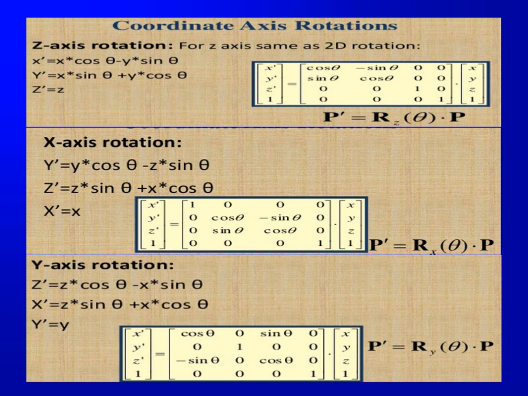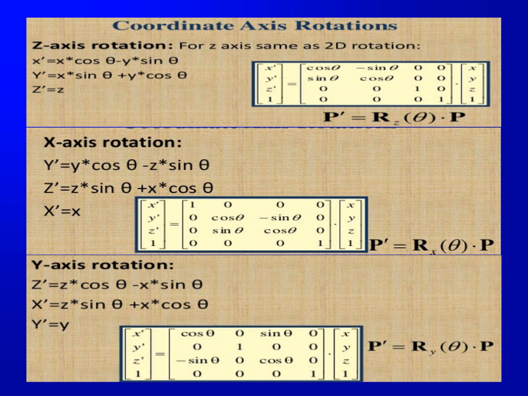So this is the same as the two-dimensional rotation, okay, and these are the old values x, y, z and 1. So we get the formula P dash is equal to Rz angle into P, right?